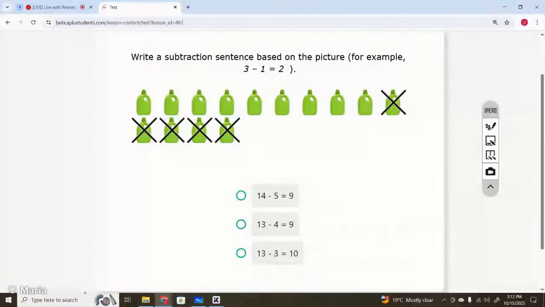So that is 14 take away 5 is 9. Option number 1 is the correct option.